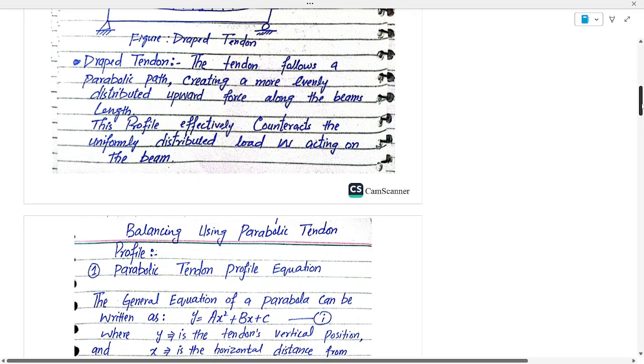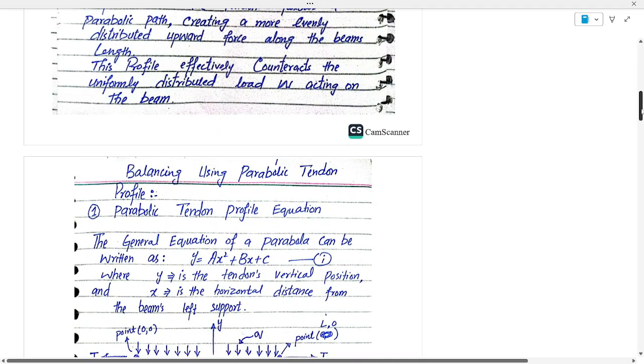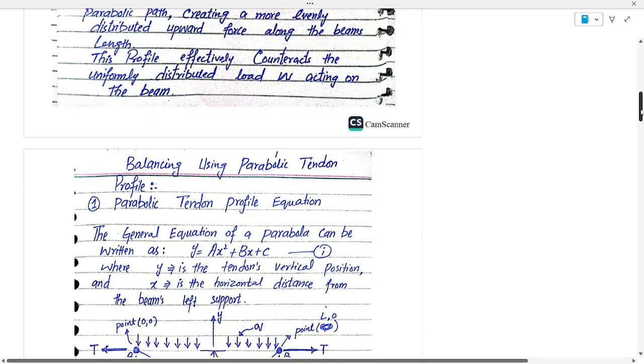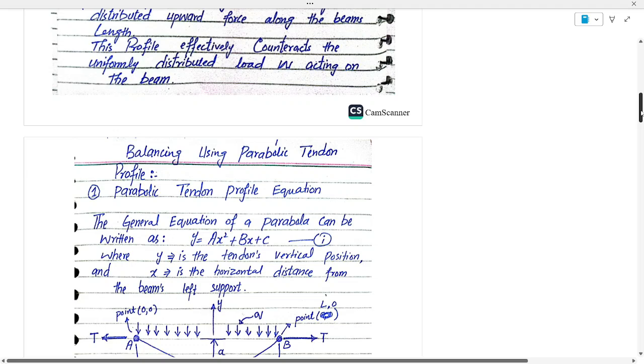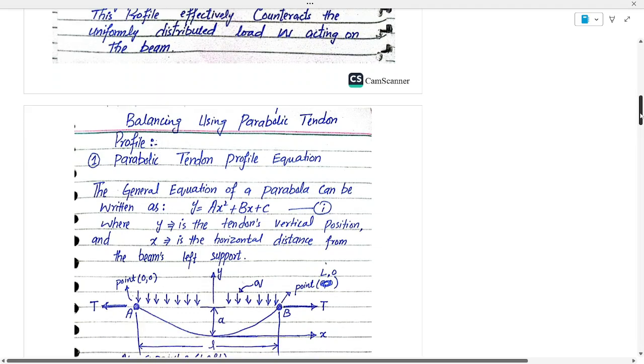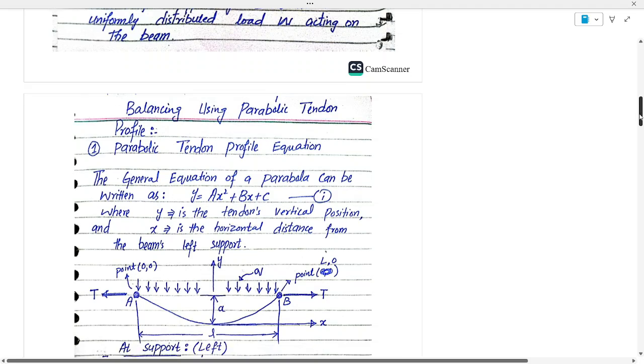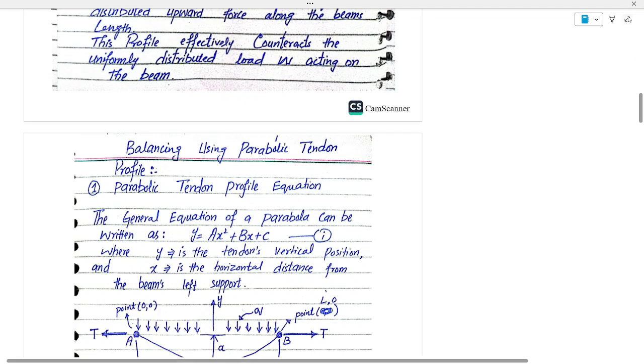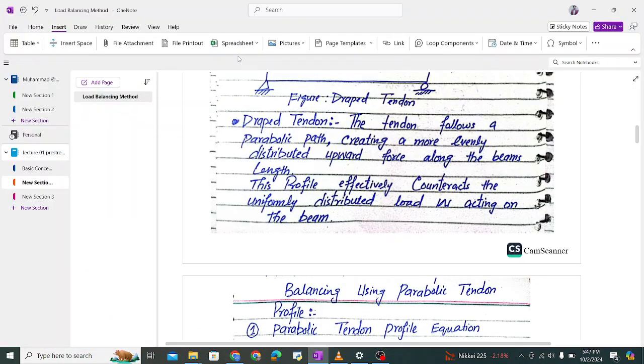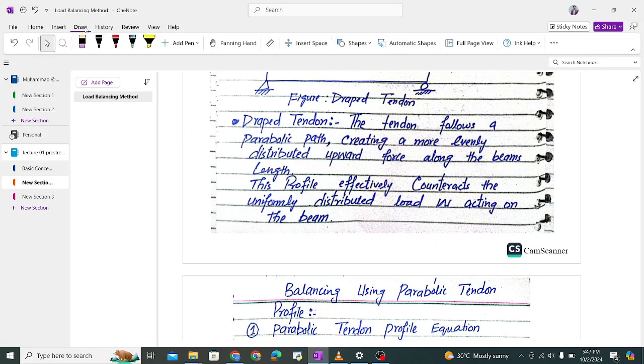Okay, let's talk about balancing using a parabolic tendon profile. How does this balancing occur? Parabolic tendon profile equation. The general equation of a parabola can be written as here. This is the equation for the parabolic tendon profile.